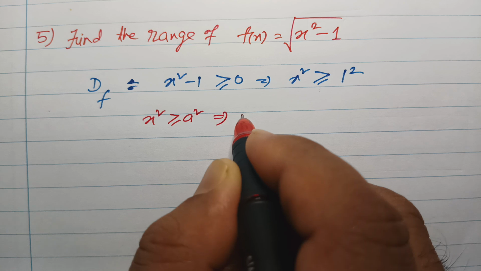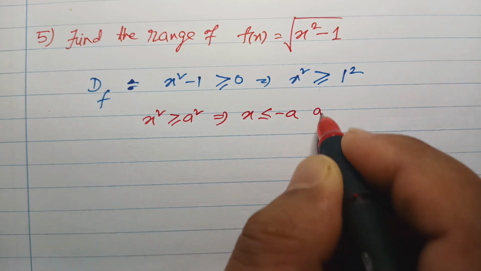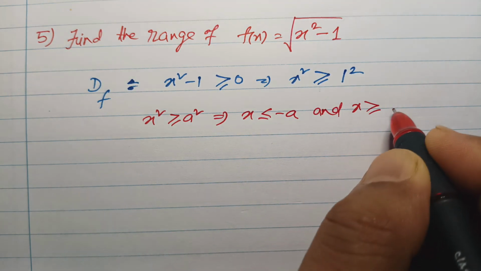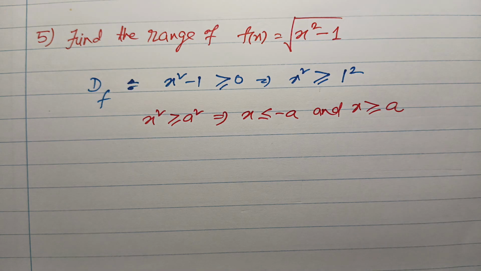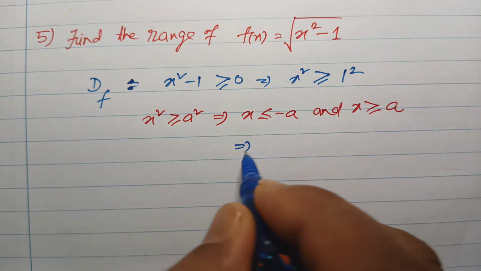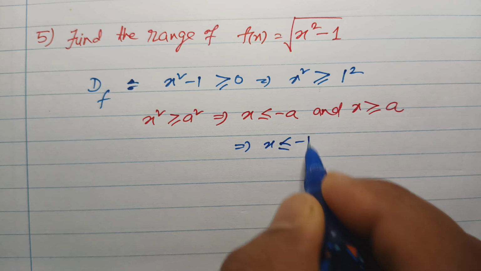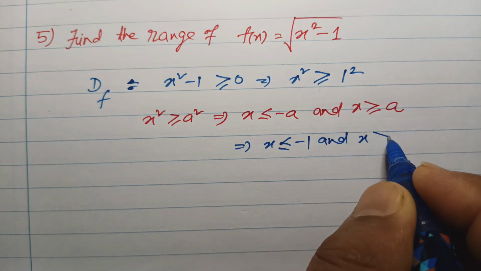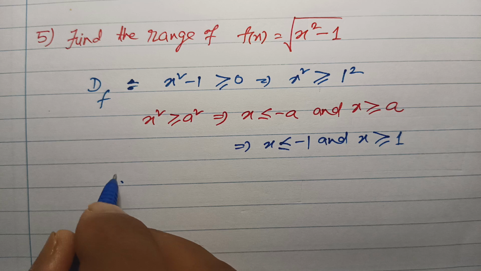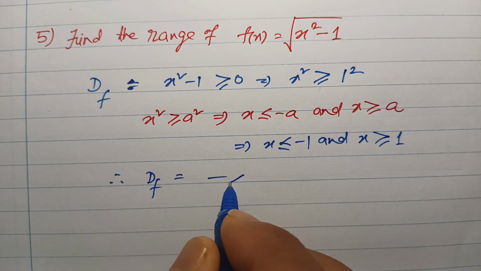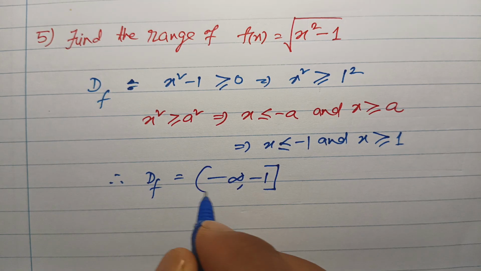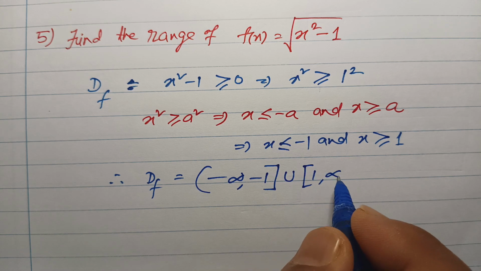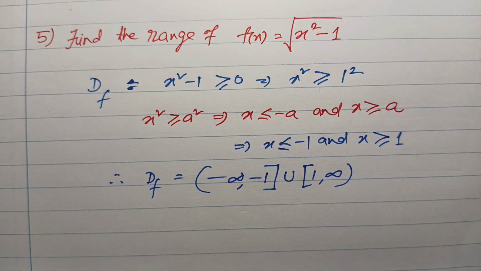This implies x is less than or equal to minus a and x is greater than or equal to a. So from this inequality we can write down x is less than or equal to minus 1 and x is greater than or equal to 1. So therefore the domain of this function is minus infinity to minus 1 bracket close, union 1 to infinity. So this is the domain of this function.